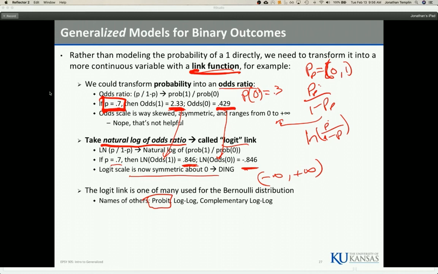In fact, this essentially uses the inverse of the z-to-probability lookup table that you used to have in a statistics textbook. So it's an inverse normal distribution that it does. But these link functions provide just a different scale for the metric. It doesn't necessarily change the story you're going to tell very much.